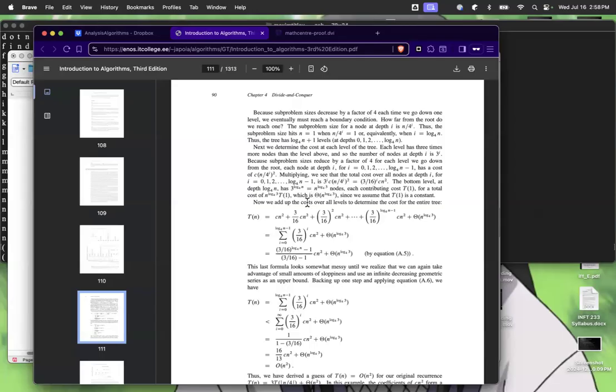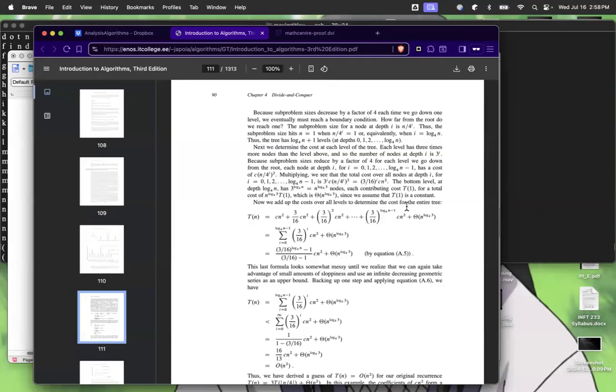I know you're probably wondering how did they do that? Each contributing a cost of T of 1, for a total of n to the log base 4 of 3 times T of 1, which is theta of n to the log base 4 of 3, since we assume that T of 1 is a constant.